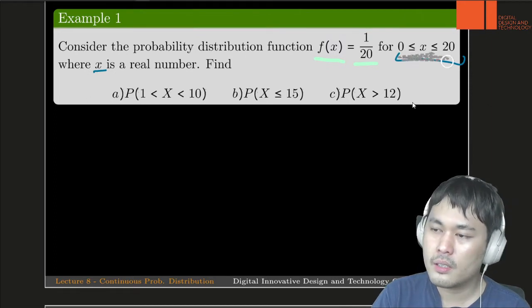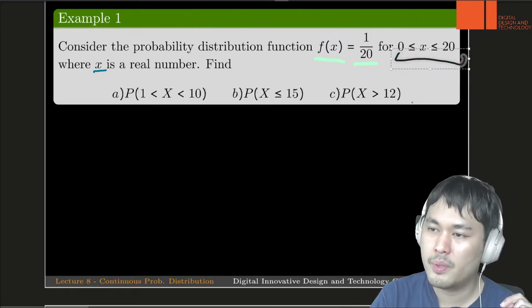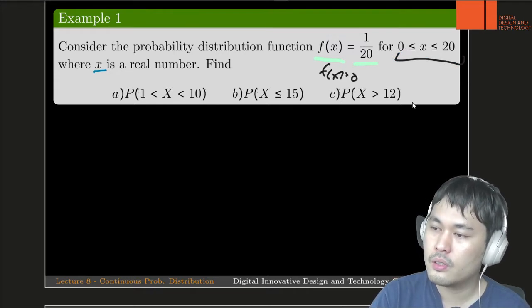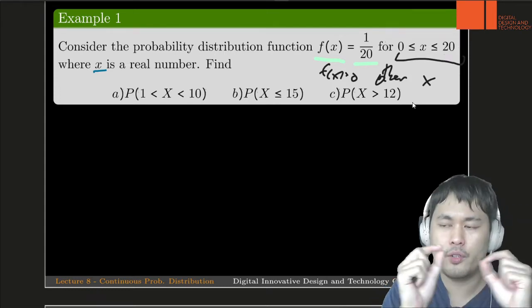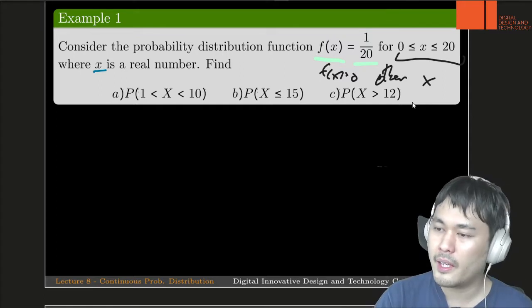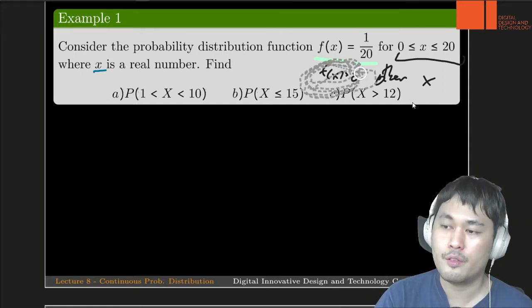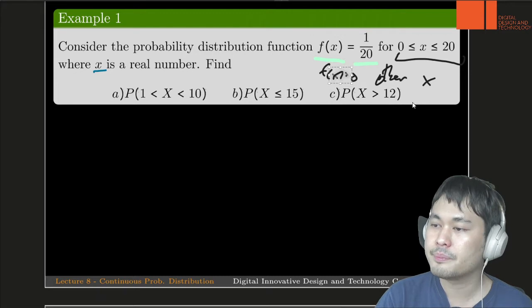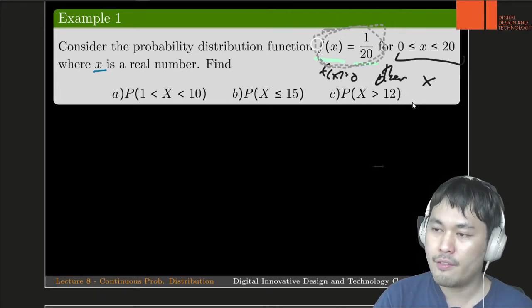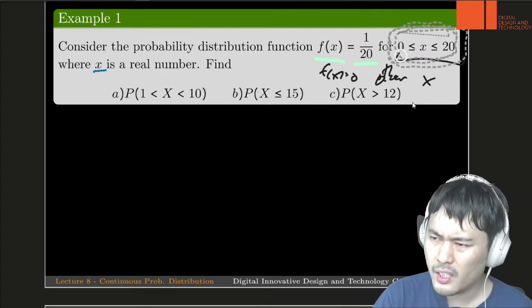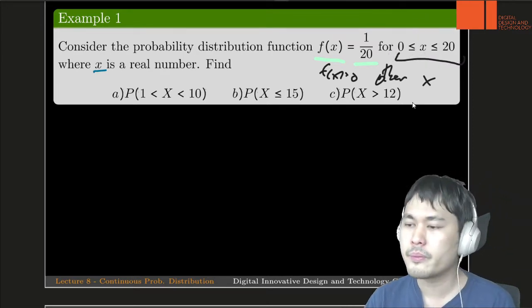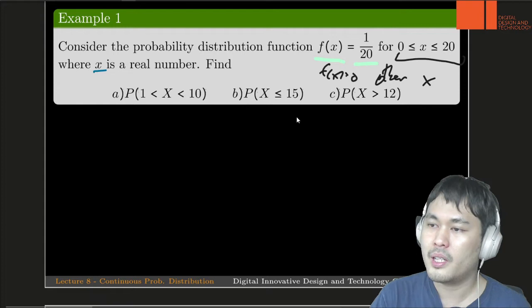Then I should also specify that f of x equals 0 for other x values. So if I want to plot a graph, I should give the values for all the points. So we have that f of x is 1 over 20 in this range, and it's 0 everywhere else.